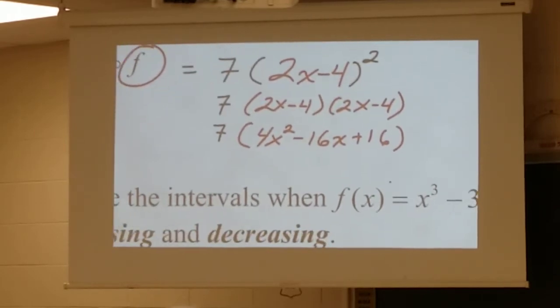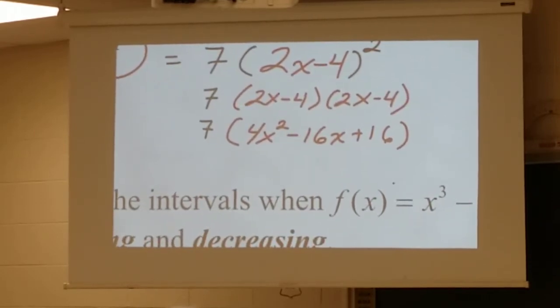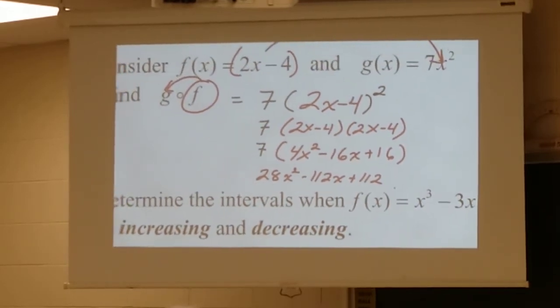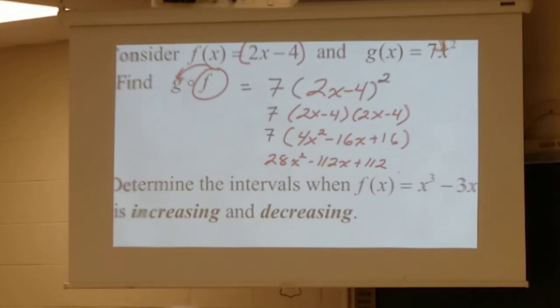But still, the fun's not over because you have to multiply everything by 7. So when it all shakes out, we have a 28x squared, a minus 112x, and then a plus 112. Function composition, plugging a function into a function. In this case, we plugged f into g.